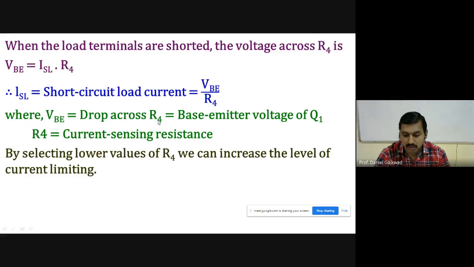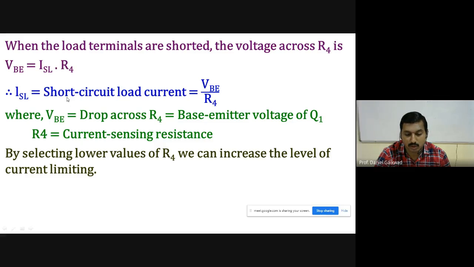Okay, so this is the working, and now we have a small derivation here. When load terminals are shorted, the voltage across RL is equal to the VBE, that is equal to ISL into R4.